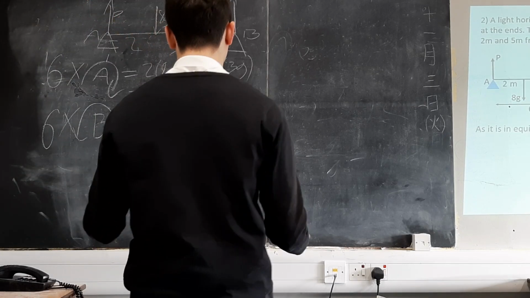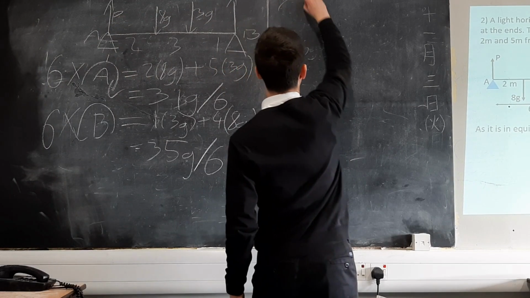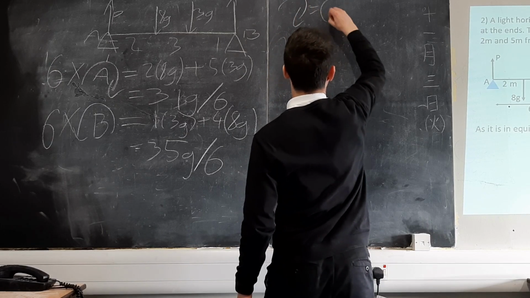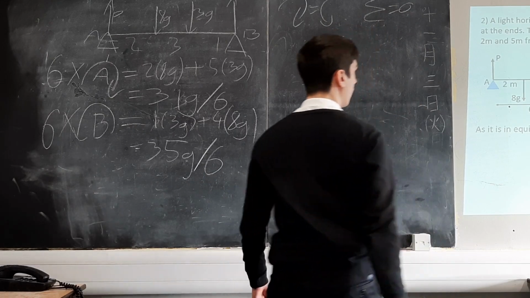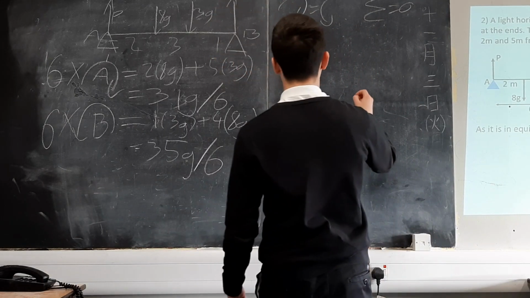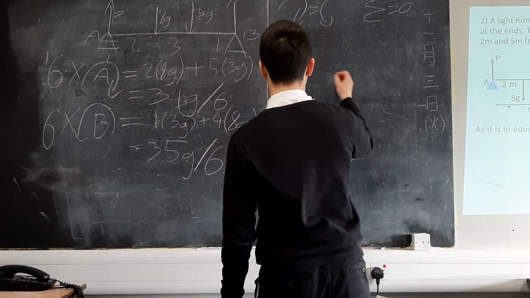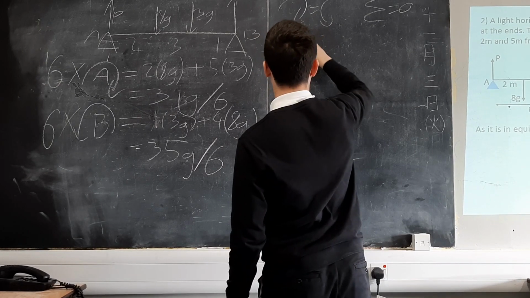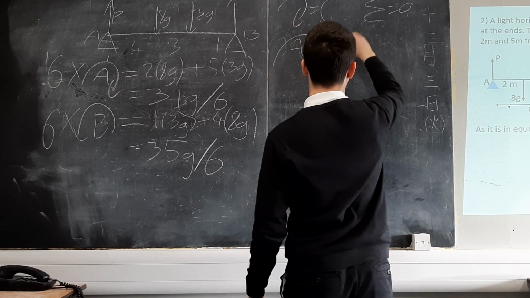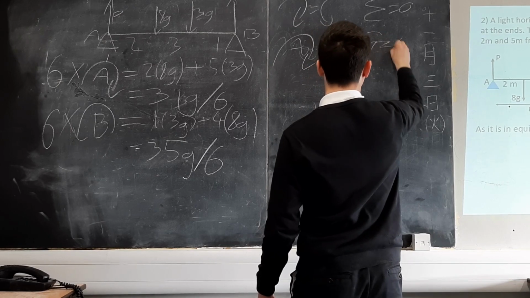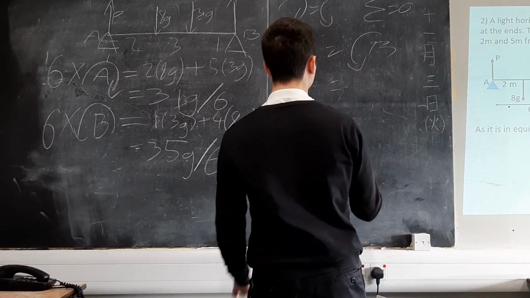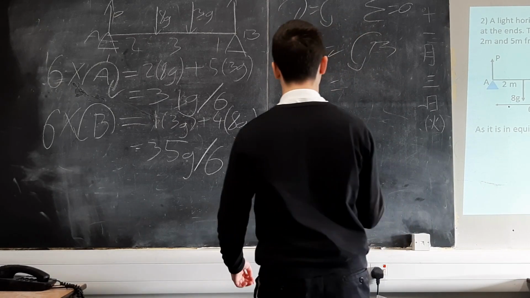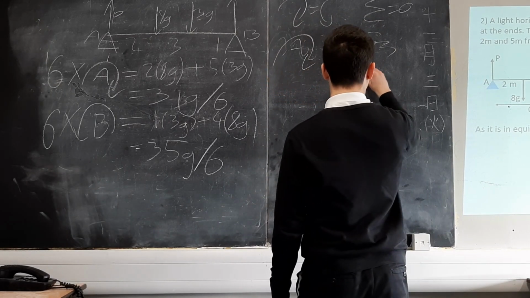So at equilibrium, this force equals that force, and the sum of forces equals 0. So A equals B. That's probably the way it is. It might be the other way around, but again, I'm out of cares.